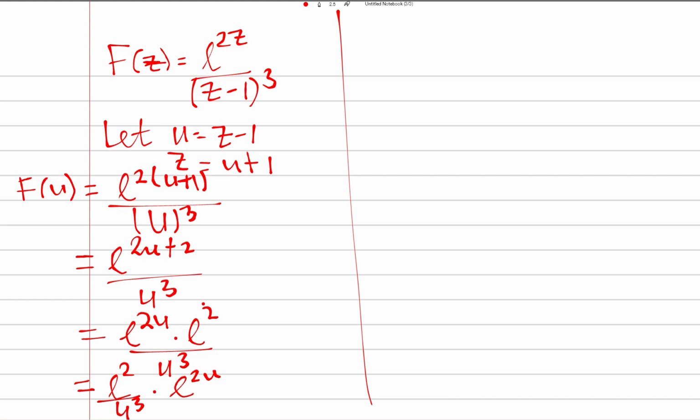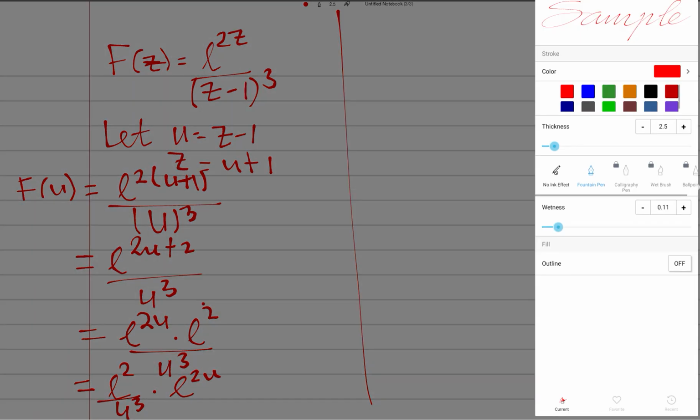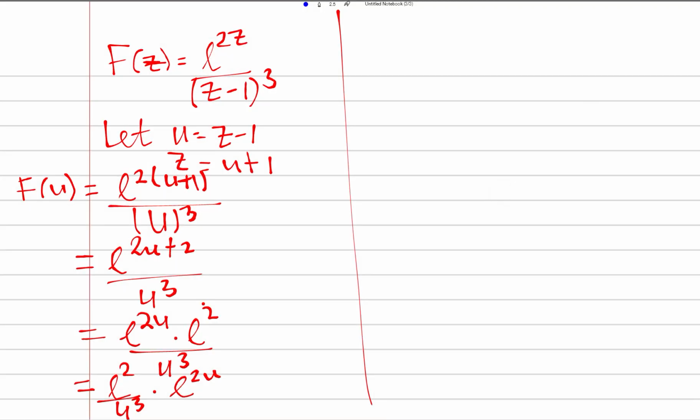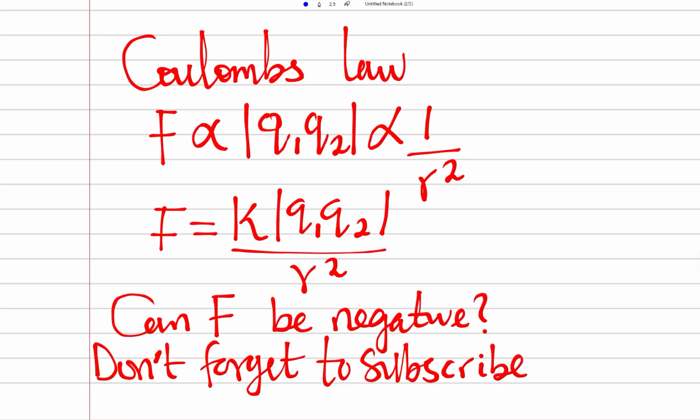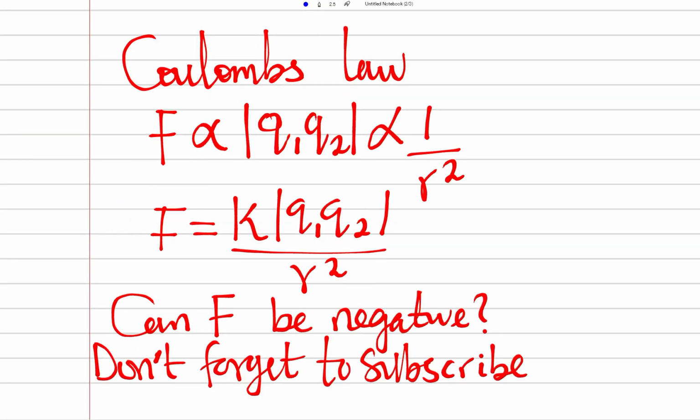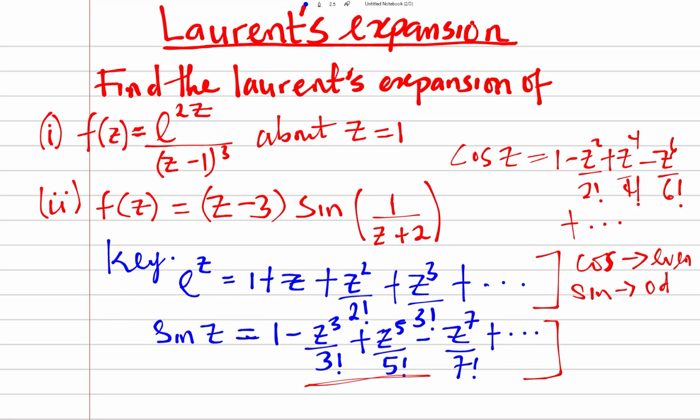Now, this exponential 2u that is here will be our Taylor expansion. Remember the Taylor expansion that we had here.